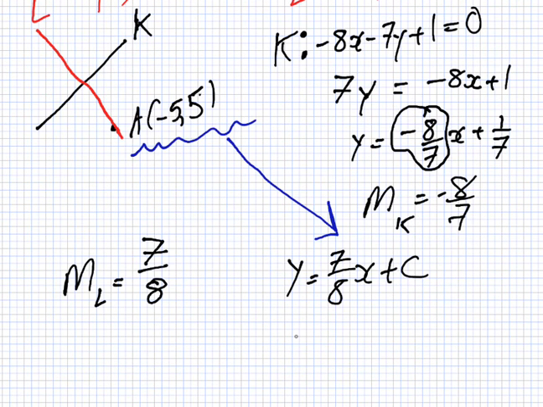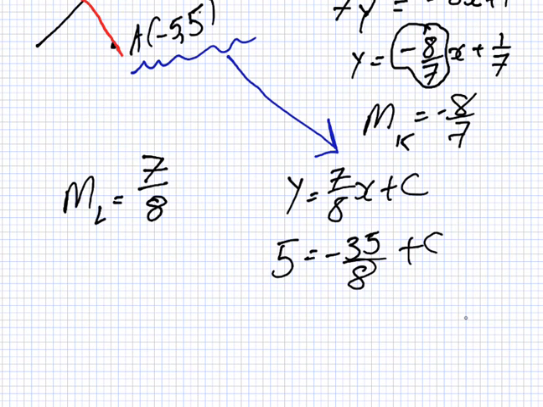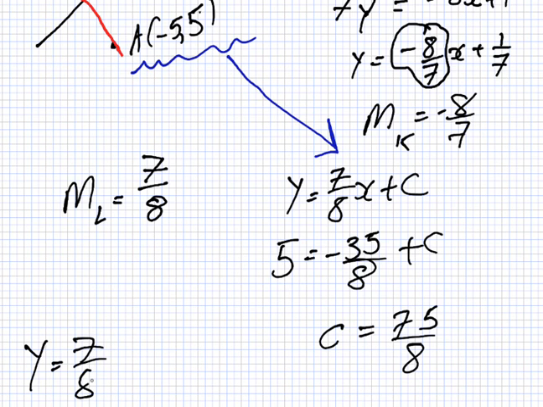So I get 5 equals minus 35 over 8 plus c. C is 85 over 8, I sure hope. That is close. C is 75 over 8, you're right. So here's my answer. y equals 7 over 8x plus 75 over 8.